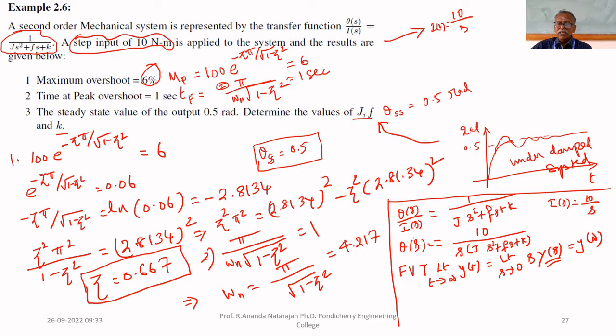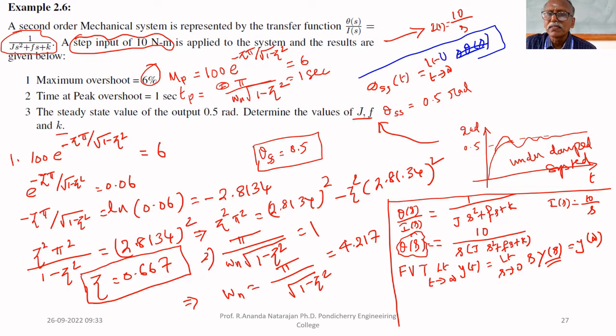So here we know theta of s. Theta steady state means limit t tends to infinity theta of t, that is equal to limit s tends to 0, s theta of s, by using the final value theorem.